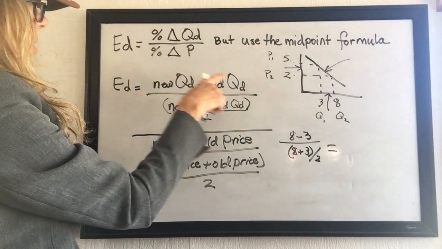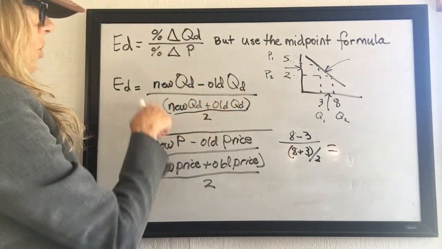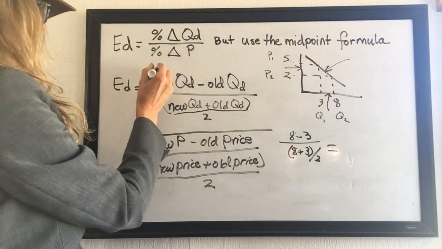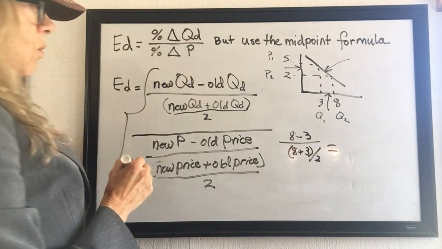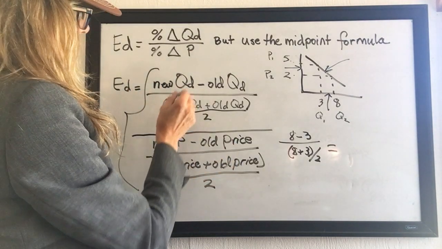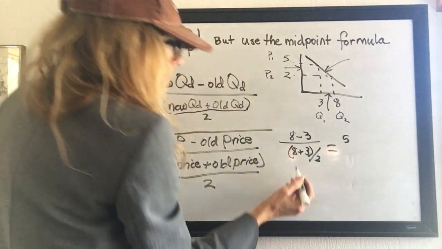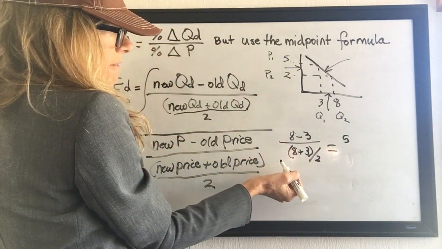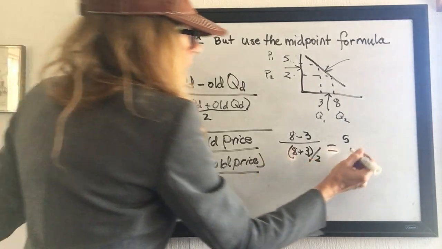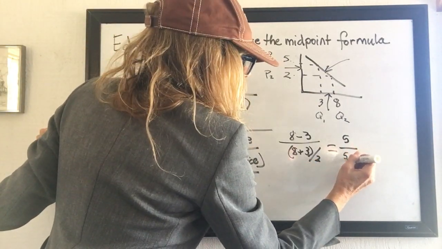And this again is just our numerator for our elasticity equation. So we've solved this part right here. 8 minus 3 is 5. 8 plus 3 is 11. And when you divide that by 2, it's 5.5.